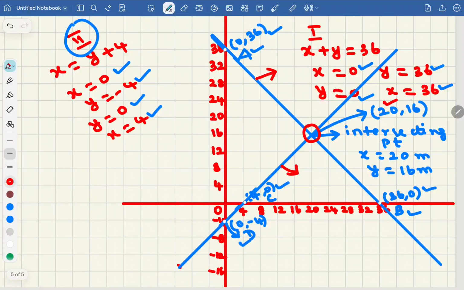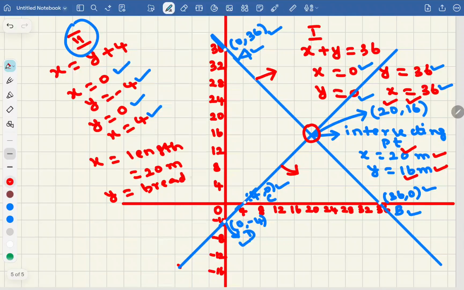Intersecting point is (20, 16), that is x equal to 20 meter, y equal to 16 meter. x represents length, which is 20 meter, y represents breadth, the breadth is 16 meter. This is the answer for problem number 5.